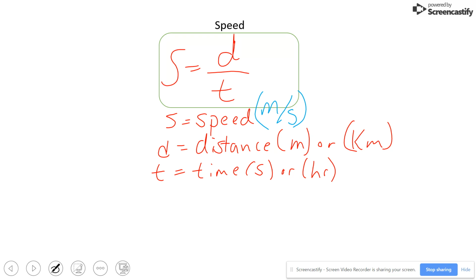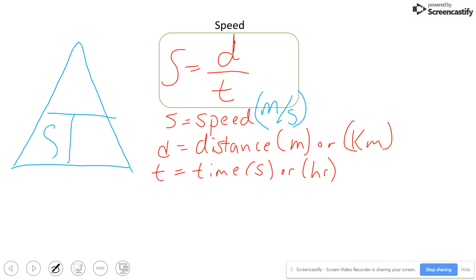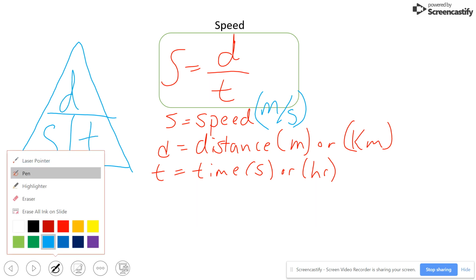Now, when you look down below at the triangle, when we go to do all these calculations, you can use these triangles to help you with the math. So if I just draw mine off to the side, we're going to put s down in the lower left-hand corner, d is in the top, and then t is going to go there.